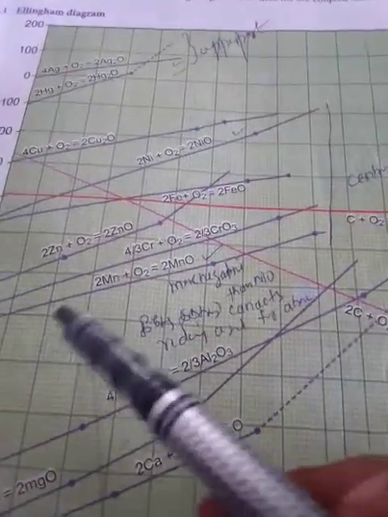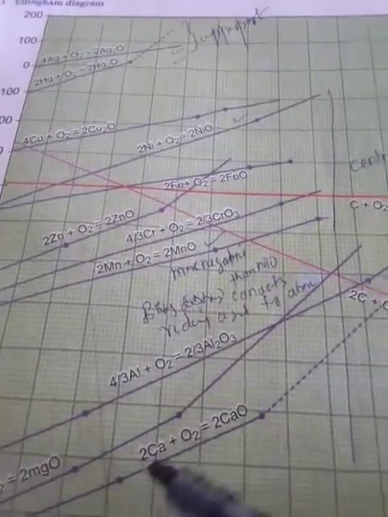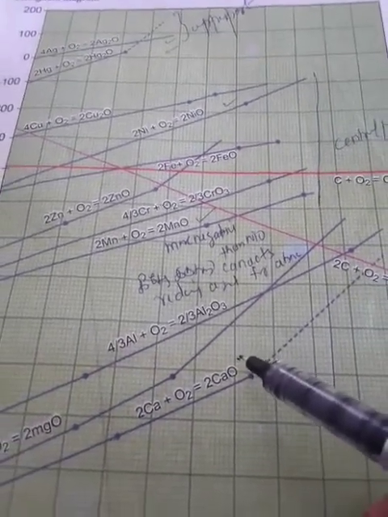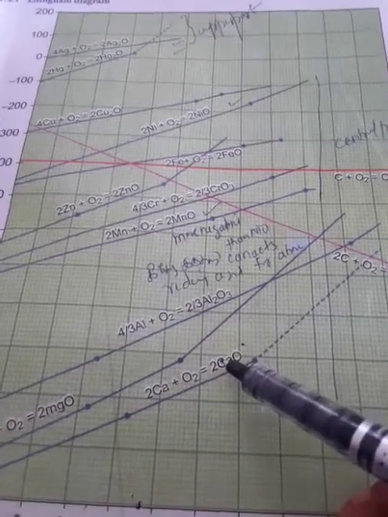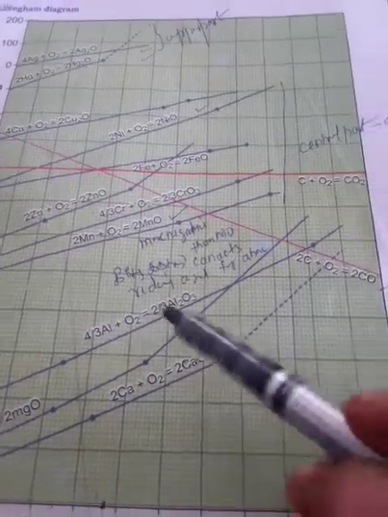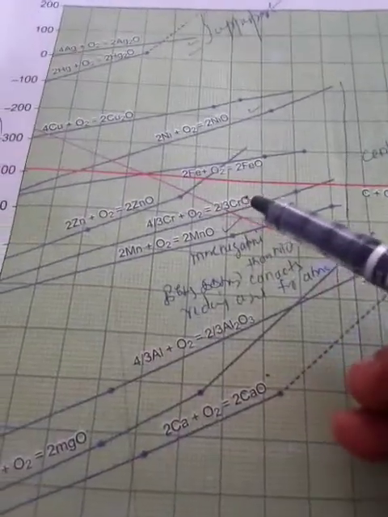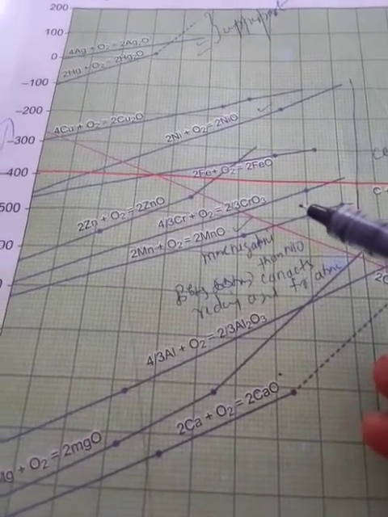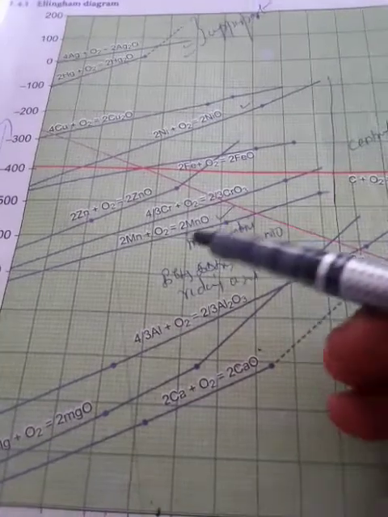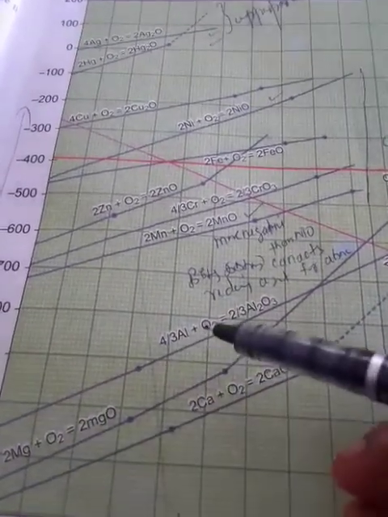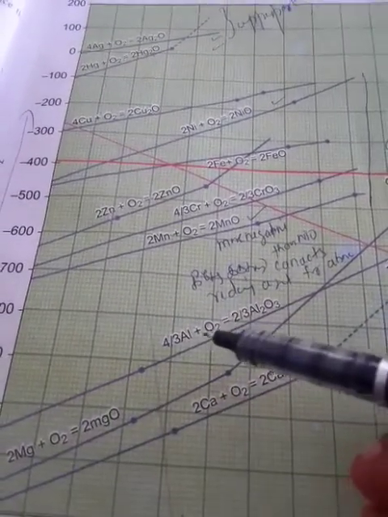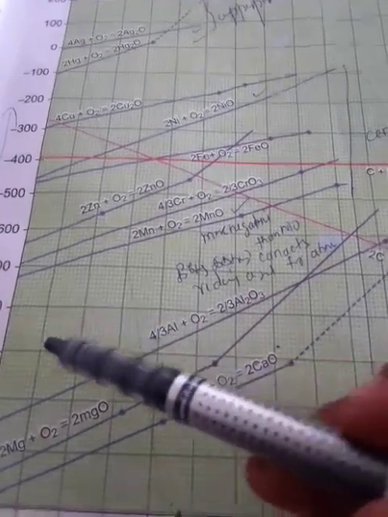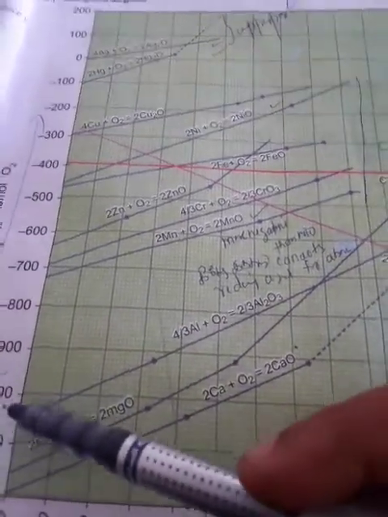Here there are a lot of straight lines for metal oxide formation, at the bottom and above, lots of monoxides shown by straight lines. The bottom lines indicate the delta G naught value is negative, more negative.